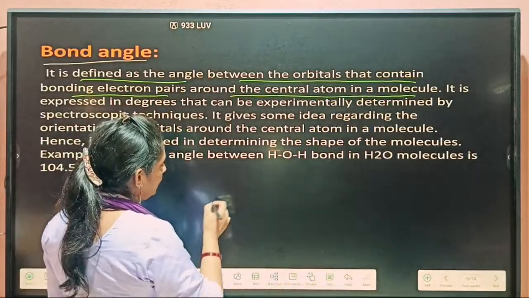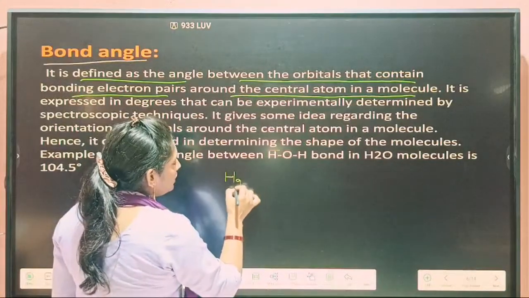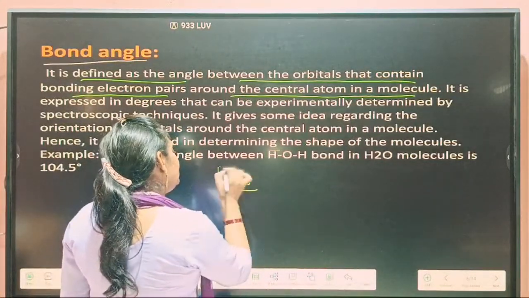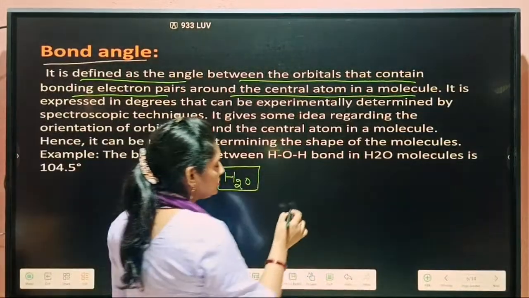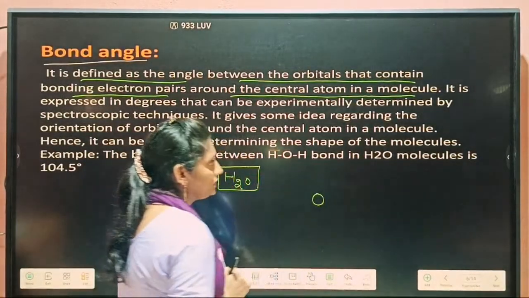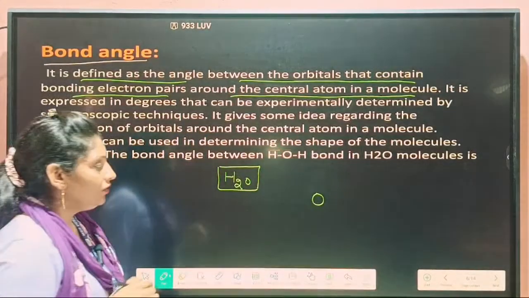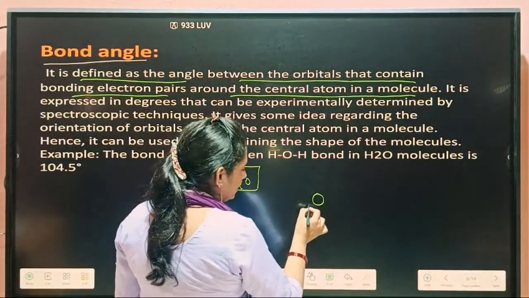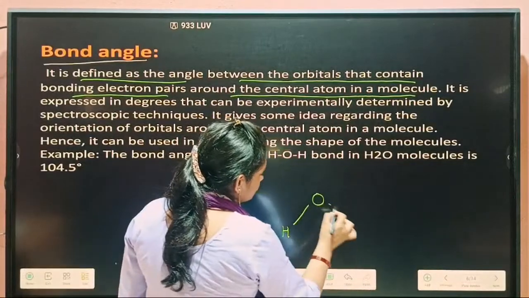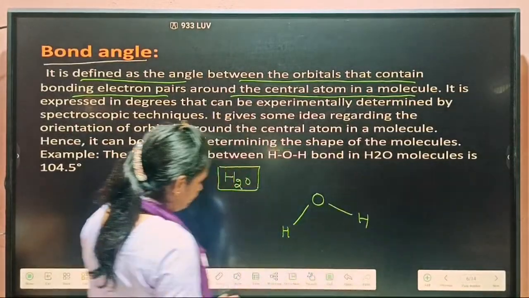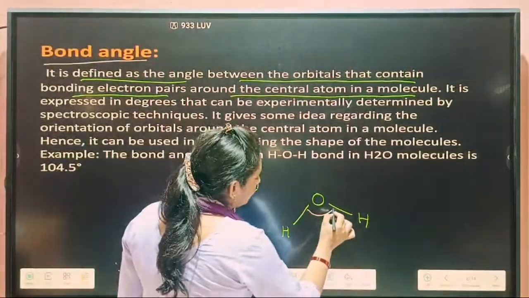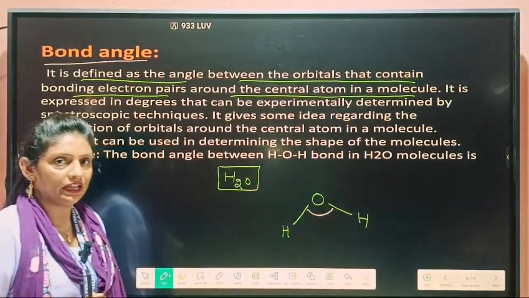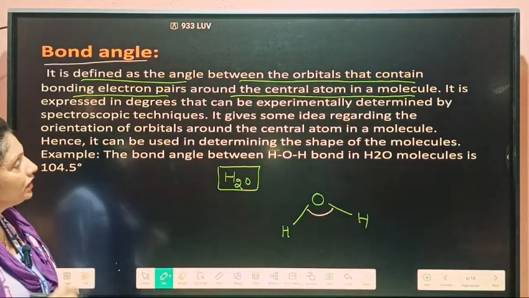Students, for example, if I talk about water, here we will see the central atom. Here the central atom is oxygen. Okay students, so the angle between the central element and the surrounding elements, formation of an angle takes place, and that angle is known as the bond angle.